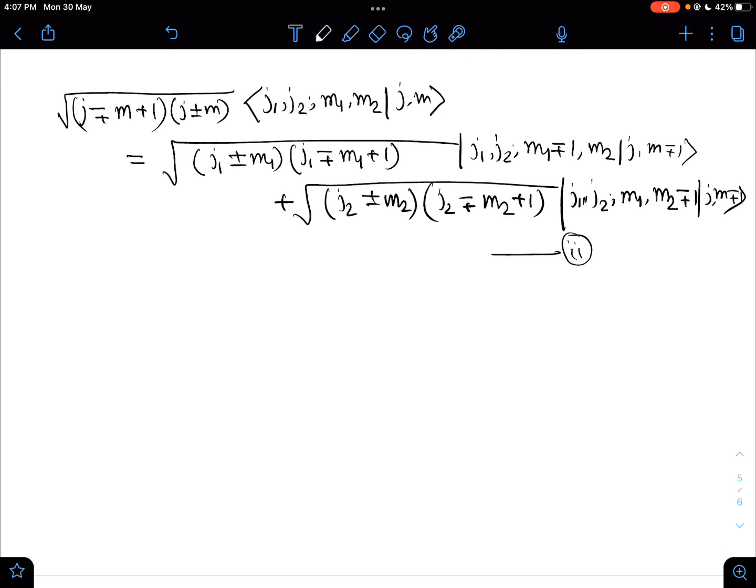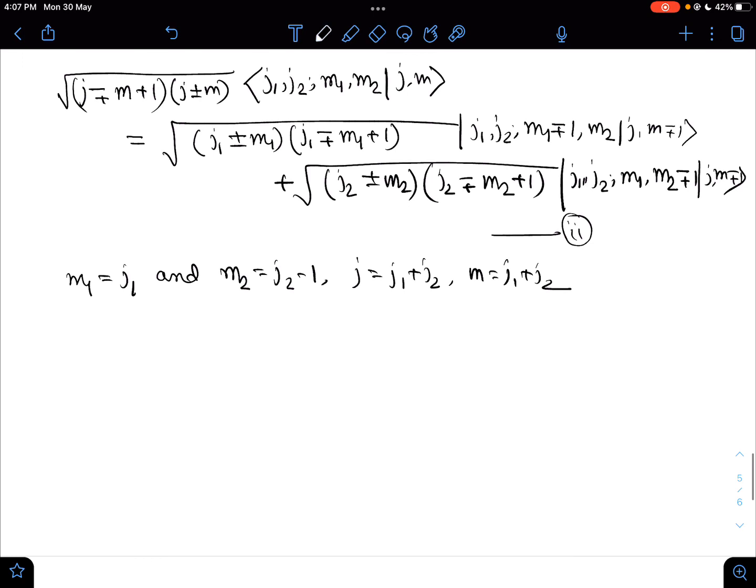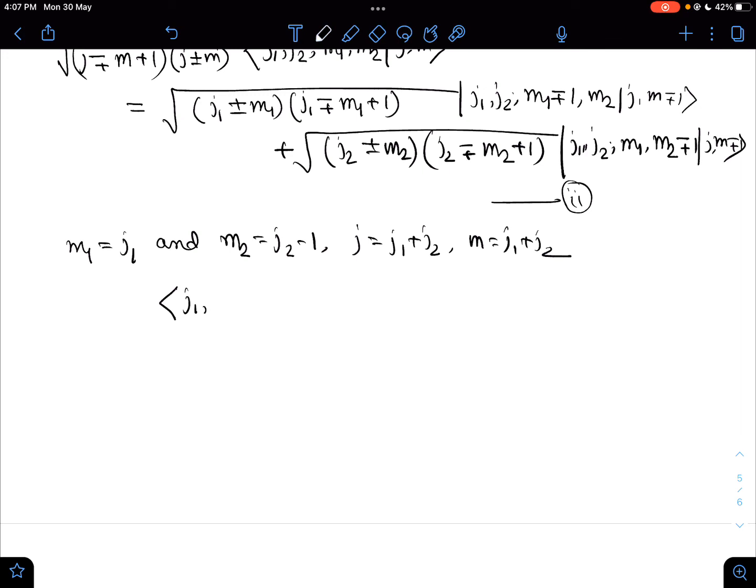For instance, if we insert m1 equal to j1 and m2 equal to j2 minus 1, and j as j1 plus j2, m as j1 plus j2, into equation 1, then we will obtain, you can do this just by inserting, j1, j2, here we have j1, j2 minus 1, j1 plus j2, j1 plus j2 minus 1.